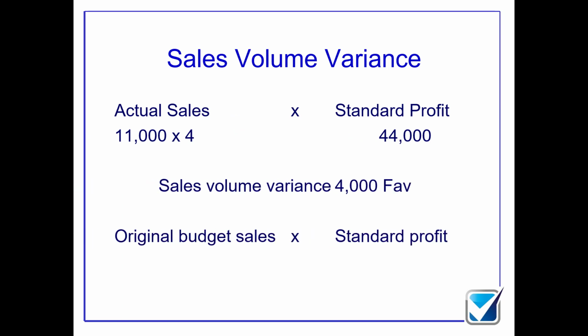We then have original budgeted sales of 10,000 units at $4 profit, gives me 40,000. That now gives me a sales volume variance, which is going to be favorable again. So we have a favorable volume variance, but here we had an adverse price variance. And those two things will be linked together.